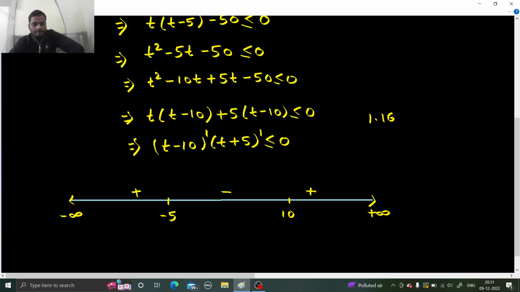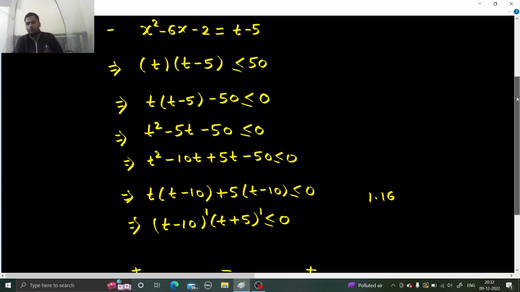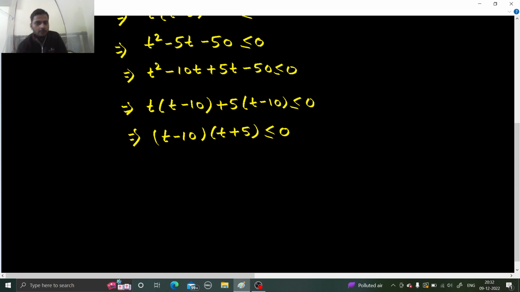Oh, this t was actually x square minus 6x plus 3. So I will have to put that t back, and then I will have to go on finding the solution.